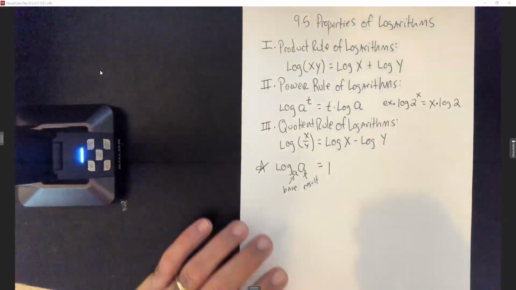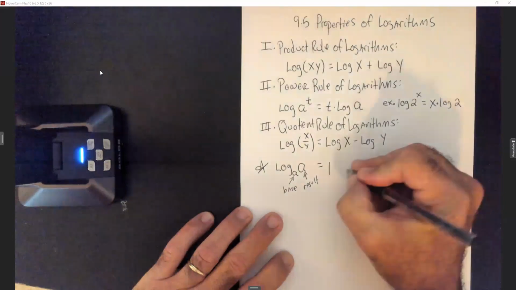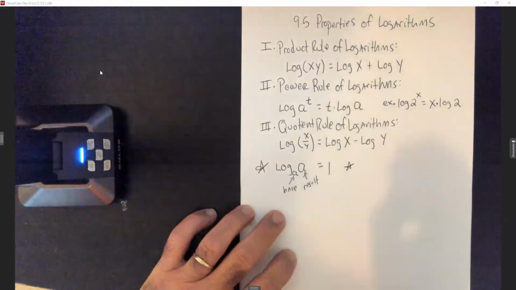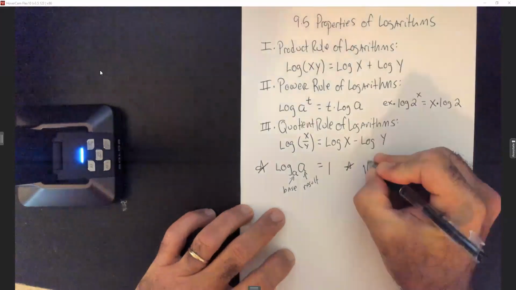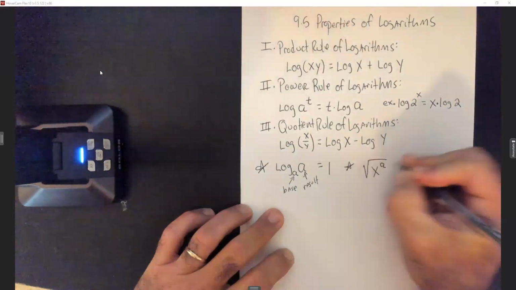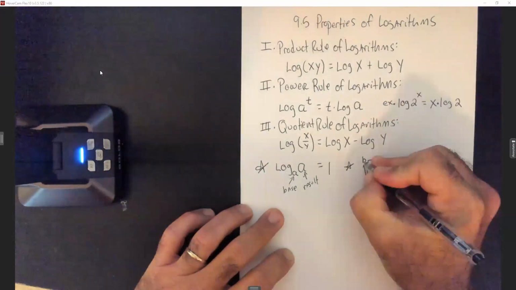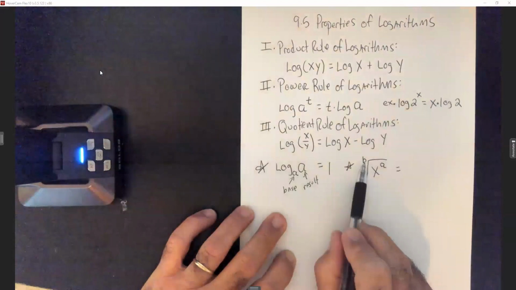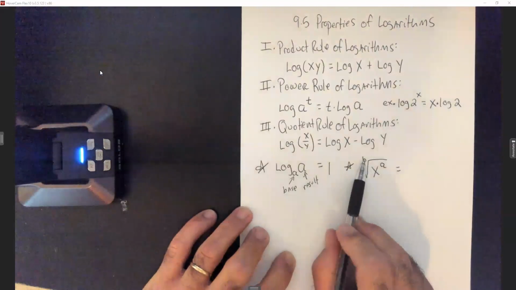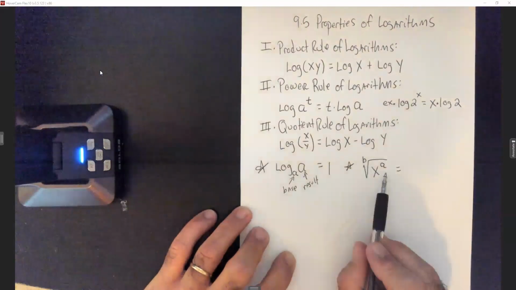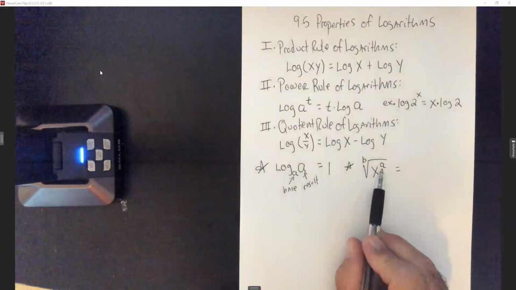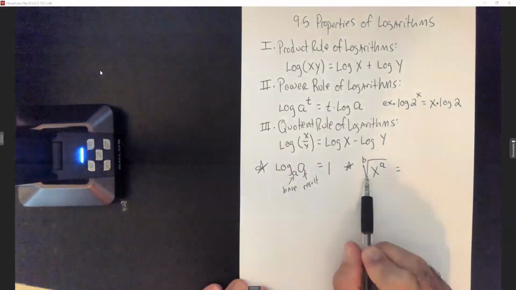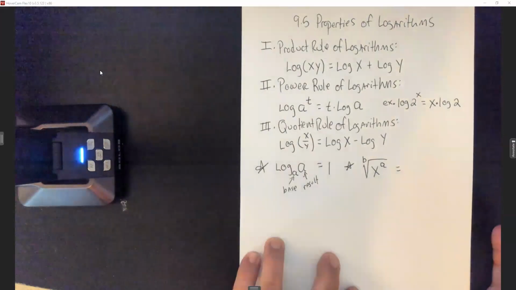Because on some of these, it's going to play into getting that final answer simplified, okay? Now, they're going to hit y'all with radicals in this section. So say I had x to the a with a b in the notch of that radical. Remember, that tells me what the root is, like a square root, a cube root, or a fourth root. And then that's my variable and my exponent on the variable. You're going to have to convert from a radical into a fractional exponent in this section.